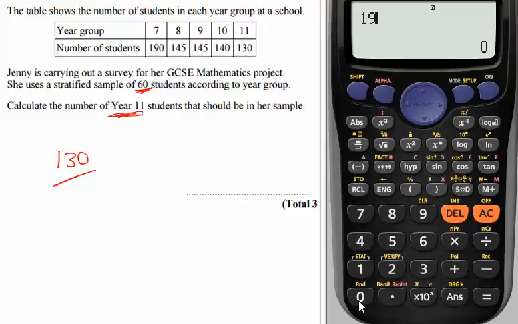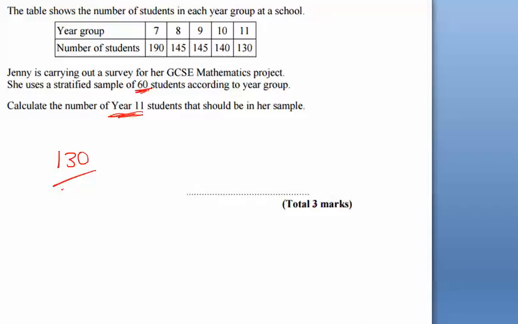It's 190, add 145, add 145, add 140, add 130, which gives me 750. So 130 750ths is the fraction for Year 11, which I then want times by the number in the sample.